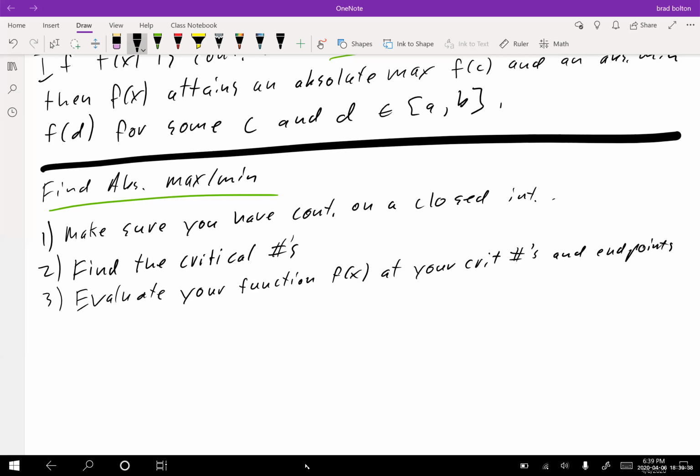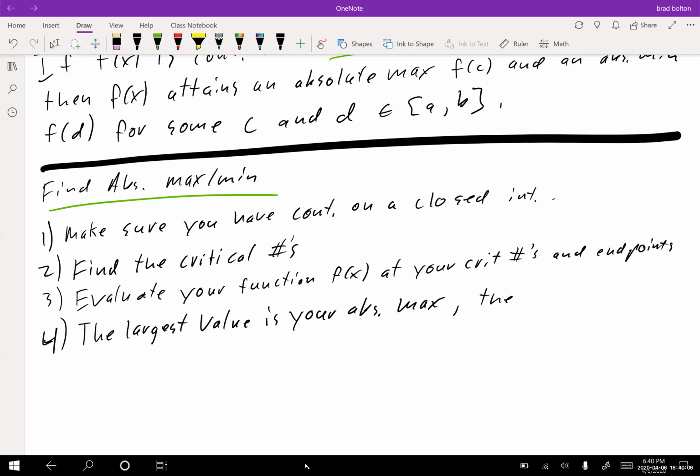Because remember, endpoints can be absolute mins and maxes as well. They don't have to have their derivative equal to 0 or undefined at those locations. They just have to be the highest or lowest point on the graph. And the fourth thing is the largest value is your absolute max, and the smallest value is your absolute min.